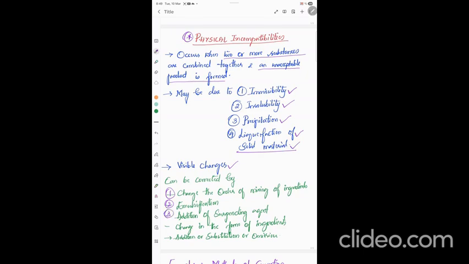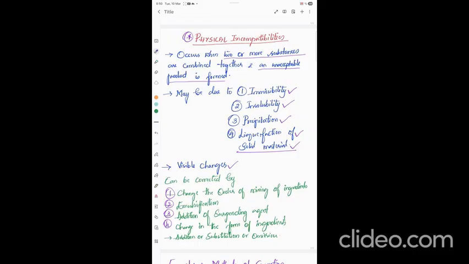And then you have the addition of a suspending agent, like for suspensions, change in the form of the ingredients, like if it is in the crystalline form or amorphous form, like that you can change the form of the ingredients, or you can go with either the solid form or liquid form.